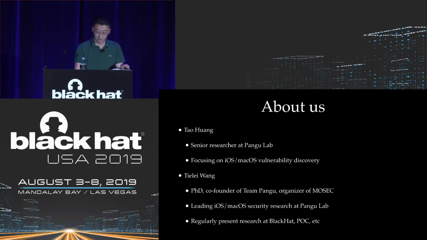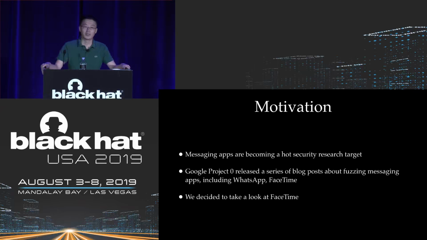Motivation. We knew that messaging apps have now become a very hot research target, both for bug bounty programs and other rumors, and as demonstrated by other researchers, both WhatsApp and iMessage could be remotely compromised.